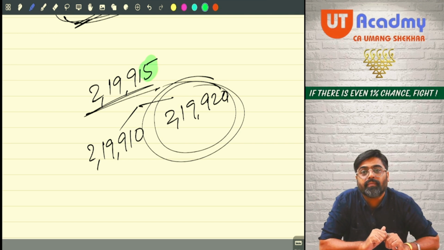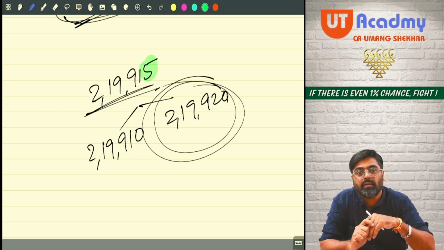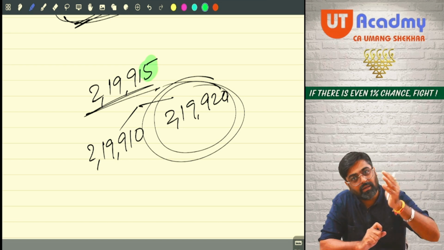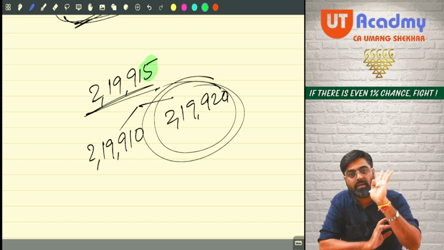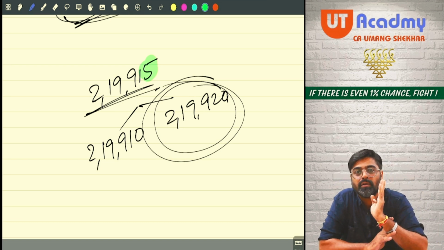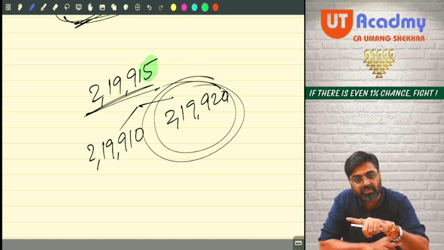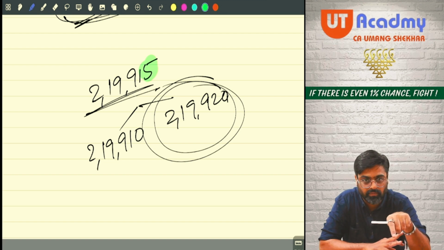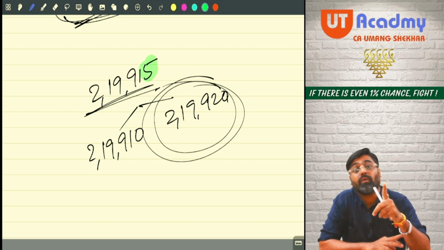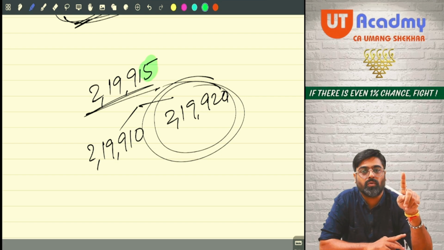Yes or no? Got it? So 5 or more, then higher multiple of 10. Less than 5, then lower multiple of 10. Got it? This was the concept of rounding off. So you have to round off your tax liability also, refund also as per 288B, and you have to round off the total income also as per 288A.